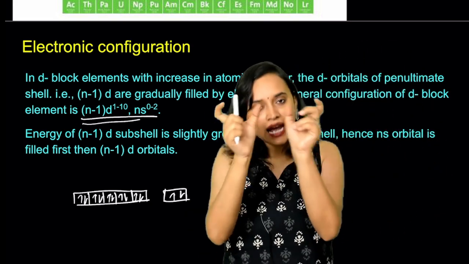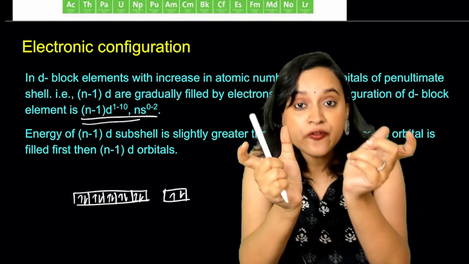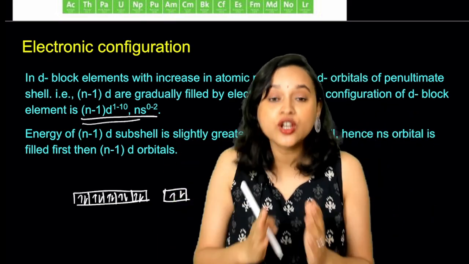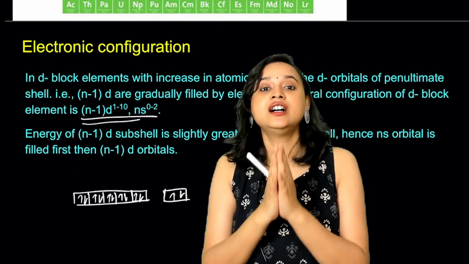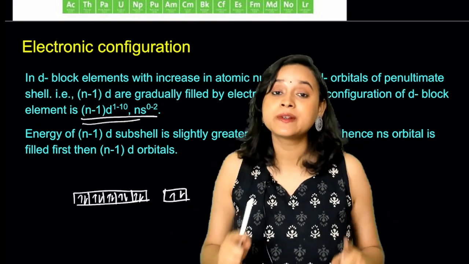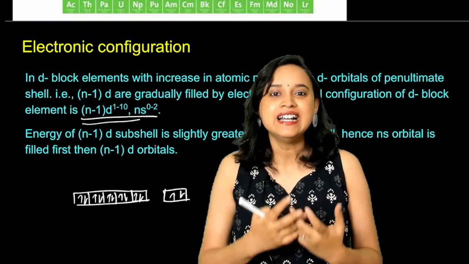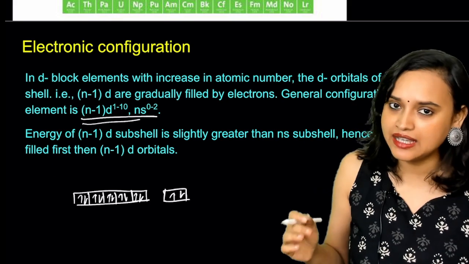The 3d and the 4s orbitals have a very, very small energy difference, and both of them can take part in a chemical reaction. That means the electrons present in 4s or 3d can both take part in a reaction. Do you understand this? Yes, everybody.